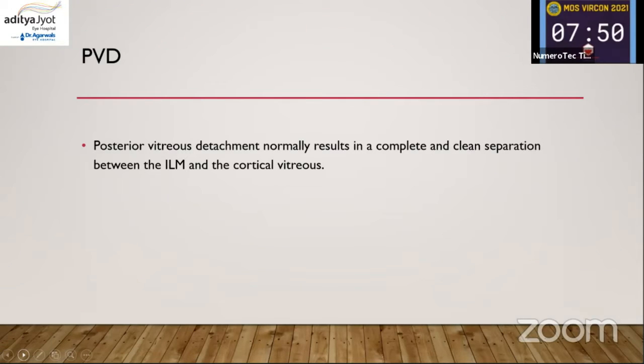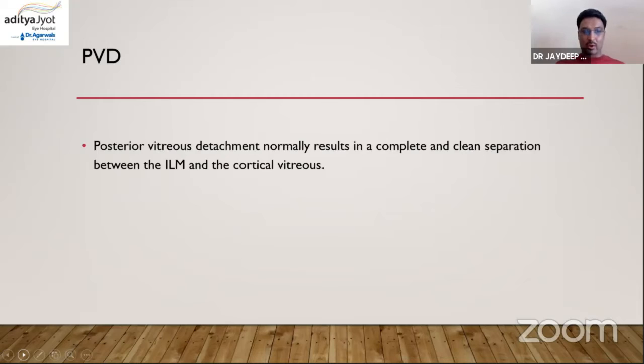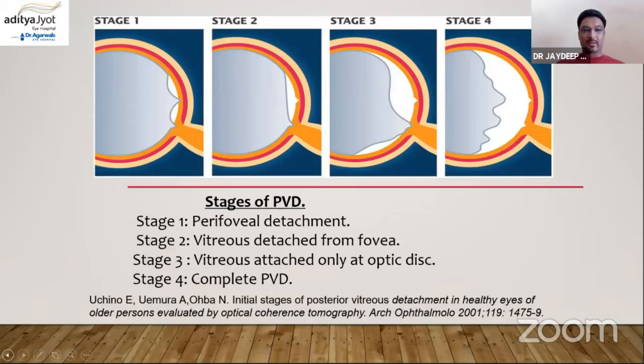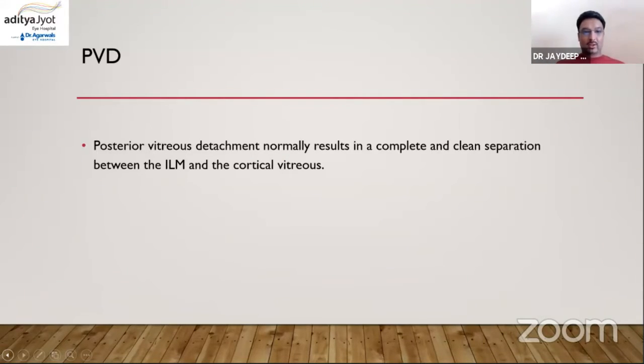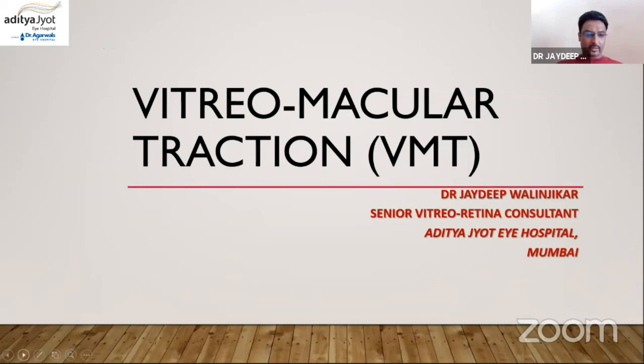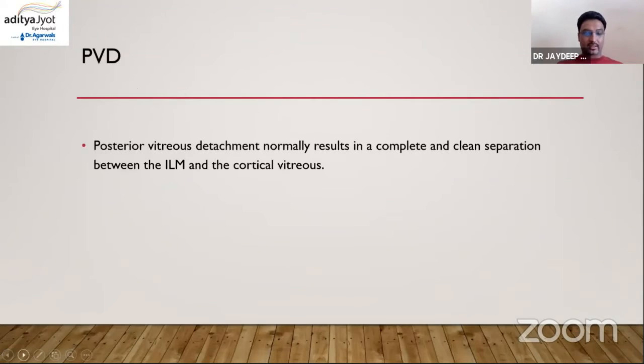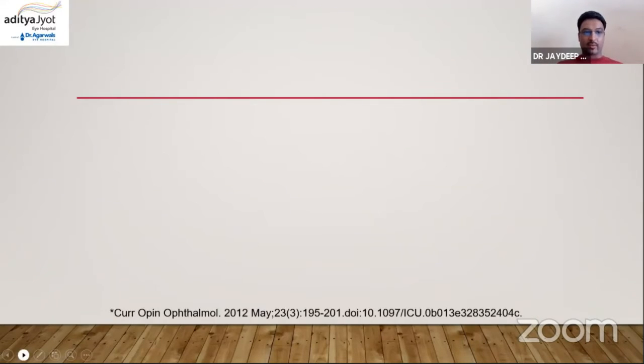So I think we have all discussed the PVD and the mechanism of how most of the vitreoretinal interface disorders occur. The brief is basically PVD happening, and these are the steps in which it happens. We all know it separates around the perifoveal region first, and then goes on to separate in the end around the ONH. So this is the basic mechanism where most of our vitreoretinal interface disorders occur when there is an anomalous PVD.